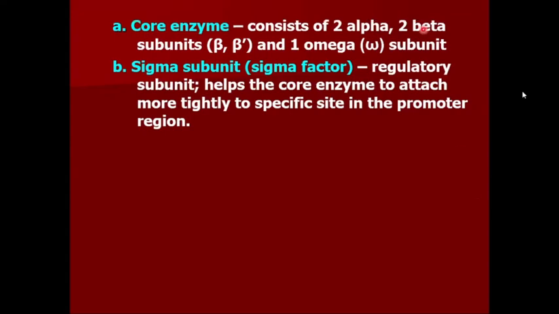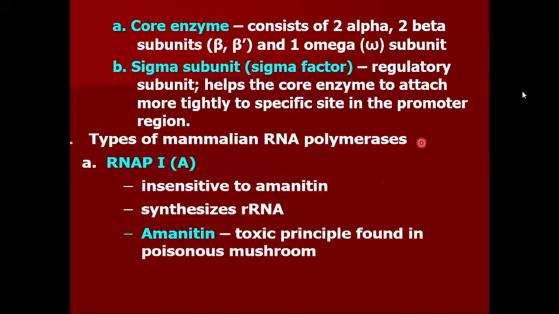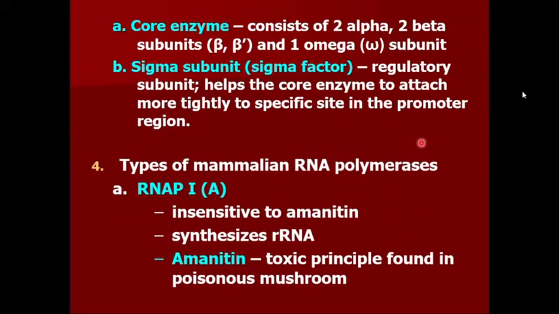Well, it is 2 alpha subunits, 2 beta subunits. I mentioned this. These 2 betas are beta and beta prime, and 1 omega subunit. The sigma subunit is a regulatory subunit. It recruits or helps the core enzyme to attach more tightly to a specific site in the promoter region of the gene.